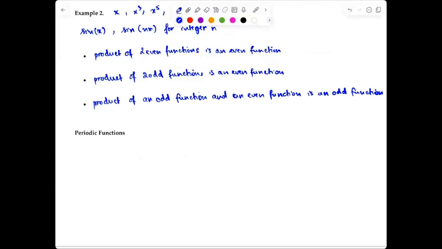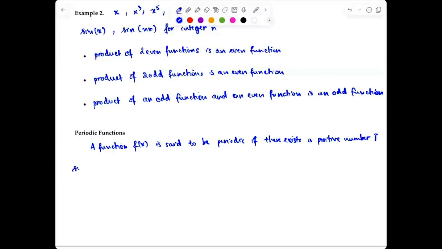A function f of x is said to be periodic if there exists a positive number, capital T, such that f of x plus capital T equals f of x for all x.